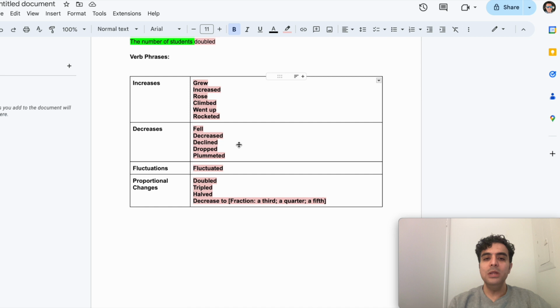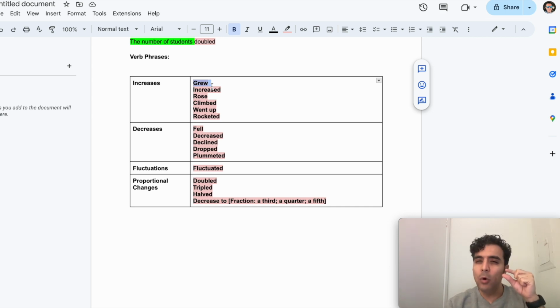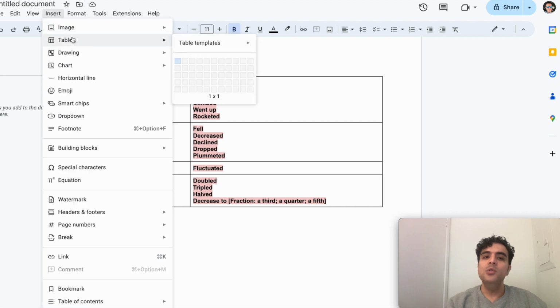Well, one thing you need to know is that when you're describing these changes, when you say grow, it just shows that it went up. It doesn't show me whether it went up quickly or whether it went up slowly, whether it went up only a small amount or whether it increased very considerably. So as you can see, as I'm describing these changes, I'm using certain kinds of adverbs, right?